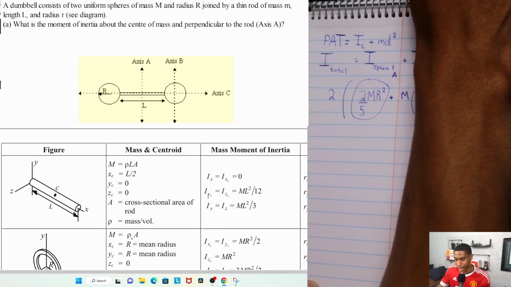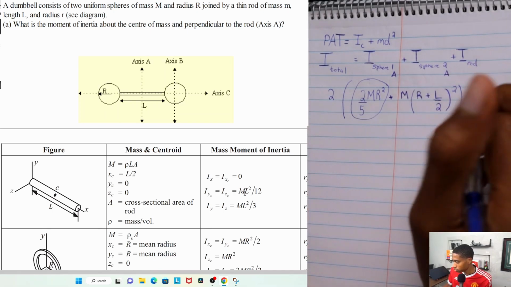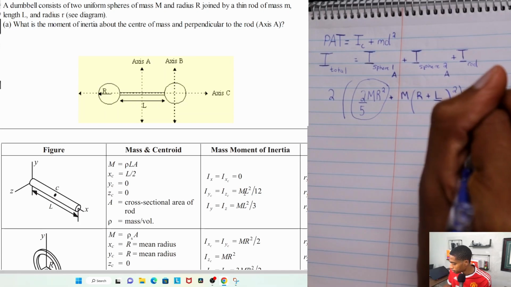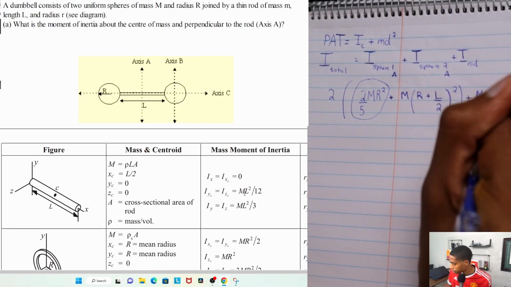And so that would be I y sub c, which in this case looks like it's the same as the z-axis, but we're specifically focusing on the y-axis from our chart. All right, so we're going to be using ml squared divided by 12.